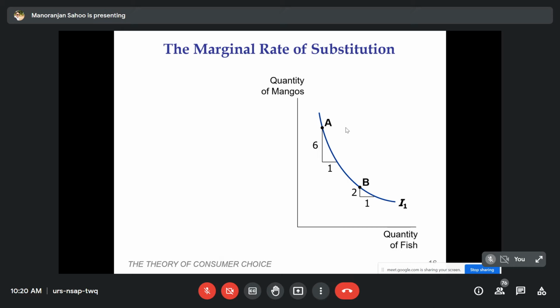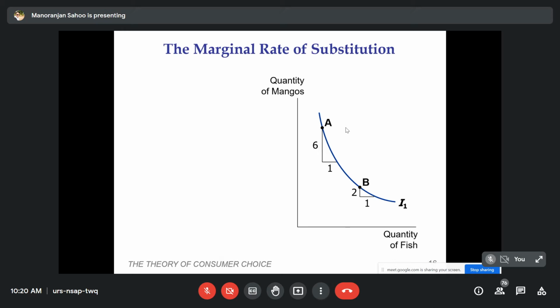But when you have a stock of less fees, to have additional fees, your marginal utility added will be more than the addition in the mango.